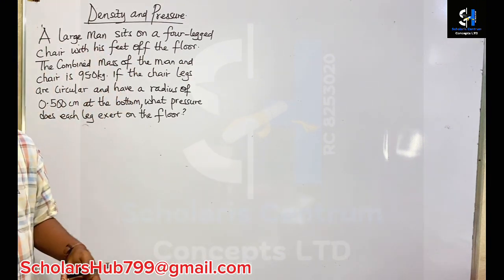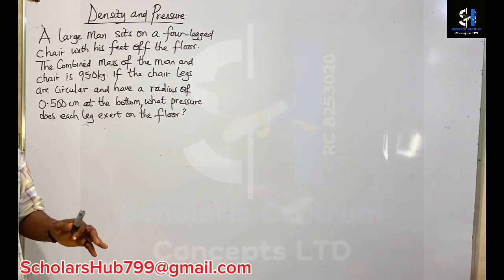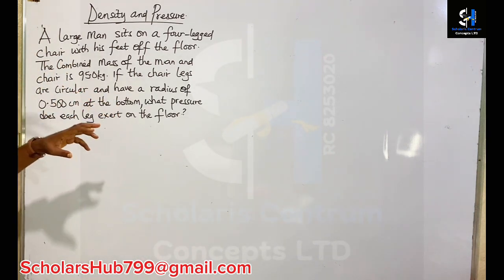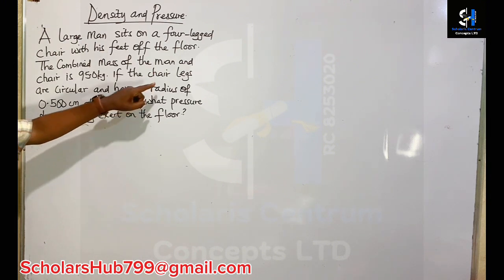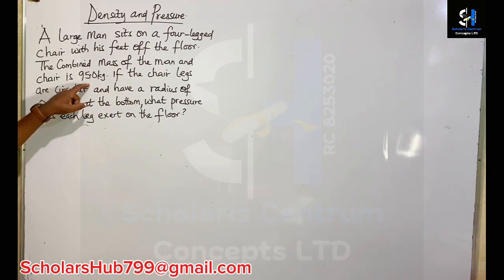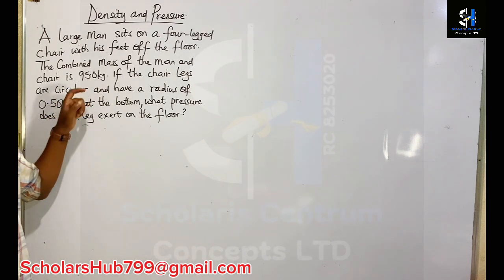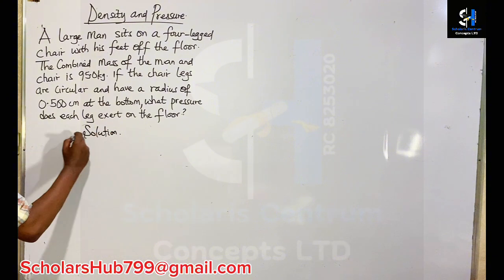Weight is measured in Newton, same with force. So first things first, is to calculate the total weight of the man and the chair, because we are given the combined mass of the man and chair to be 95.0 kilograms. So let's have our solution now.